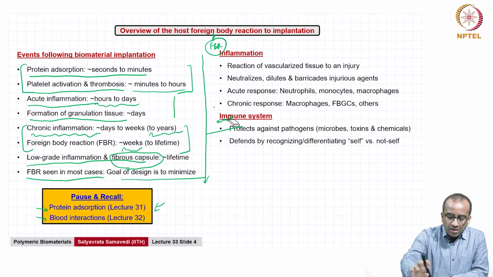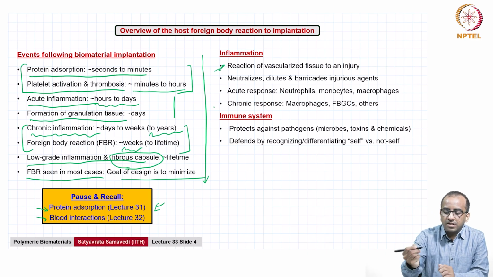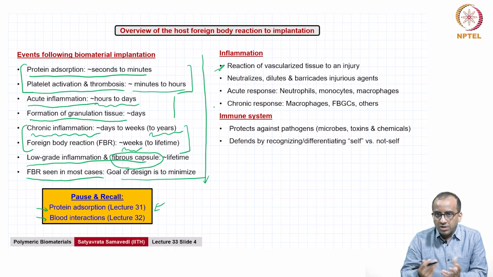So, before we move further, let's take a quick look at some key aspects of this response before we start looking at details of acute inflammation and chronic inflammation. So, inflammation per se is any reaction of vascularized tissue. Essentially, if you have blood vessels in the vicinity and if there's an injury, you're going to have inflammation, right?